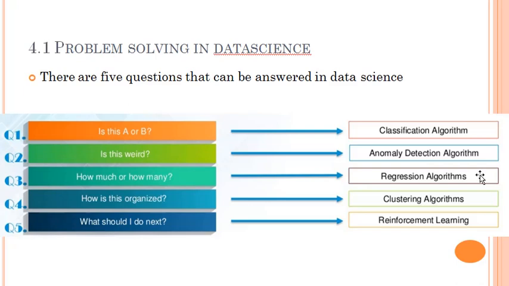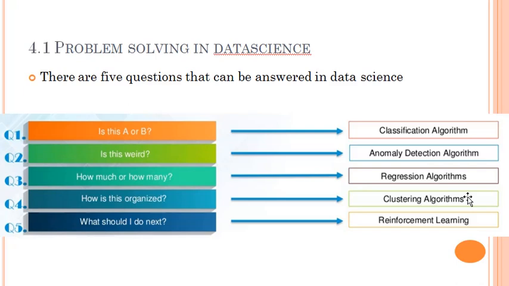In question number four, we want to see how this is organized, right? This organization comes under the clustering algorithm. In clustering, for example, if we have a bunch of data, we want to see which instances are similar to each other and which instances are different from one another, right?